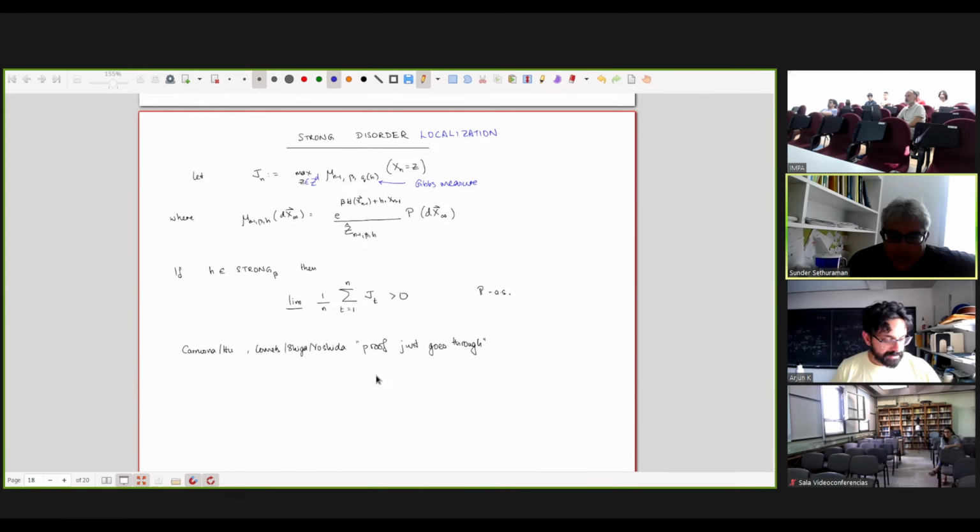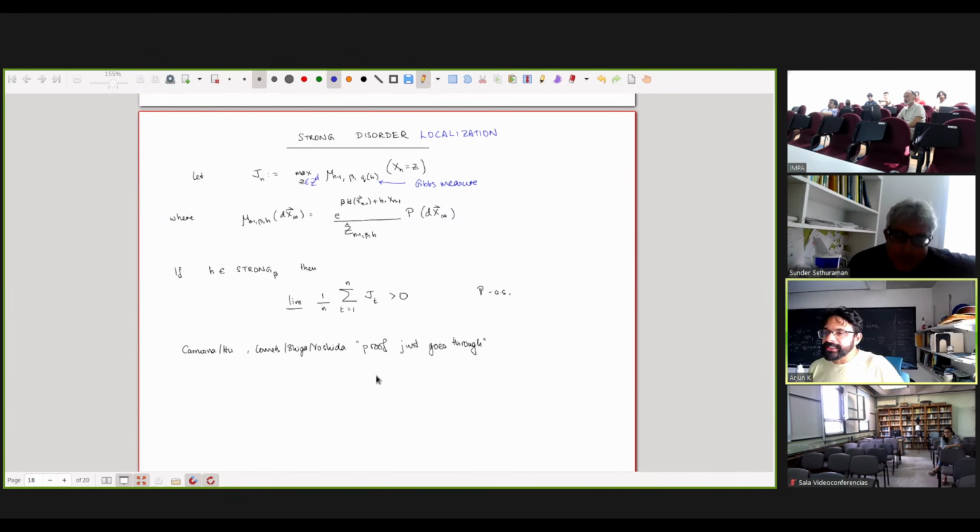Can you calculate further if you assume the disorder is of particular types? Not in D bigger than or equal to 3. In D equals 1, if you assume that the disorder has this log gamma or inverse gamma distribution, it was introduced by Seppäläinen maybe 10 years ago.